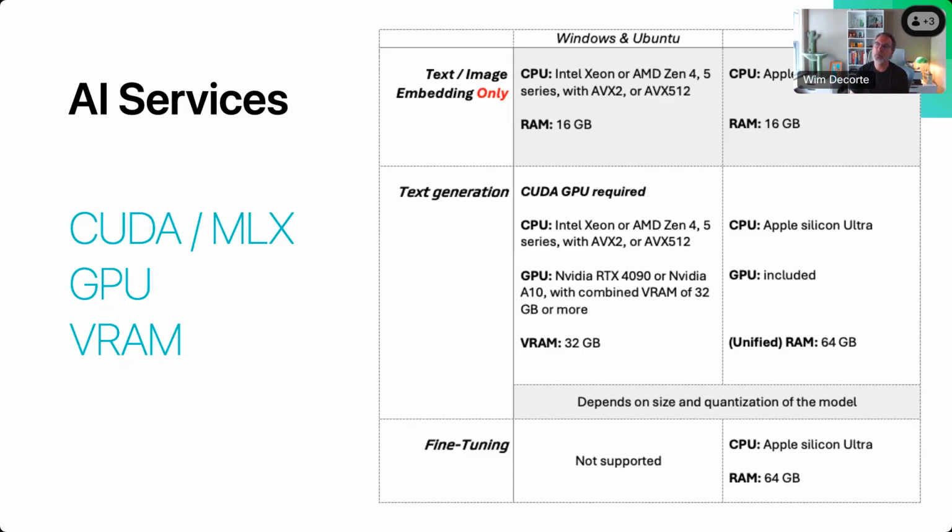On the left-hand side there in color, I highlighted some of those acronyms and concepts. If you look at Windows and Linux versus Apple hardware, it makes a big difference, especially, and again, I'll focus on the text generation part. When you want to deploy AI services on Windows and Linux, you will need a machine that has NVIDIA graphics processing units, basically NVIDIA hardware in it.